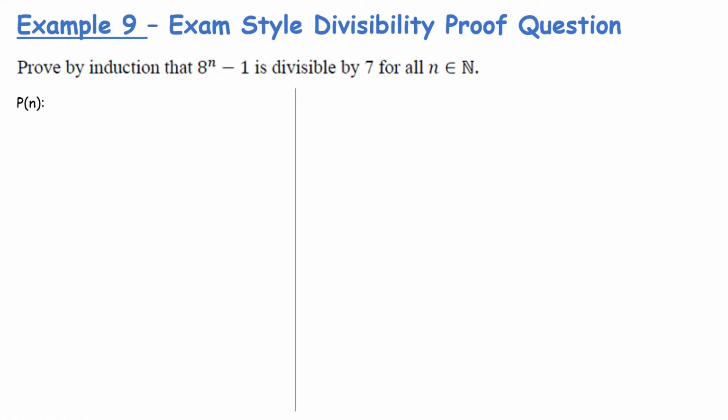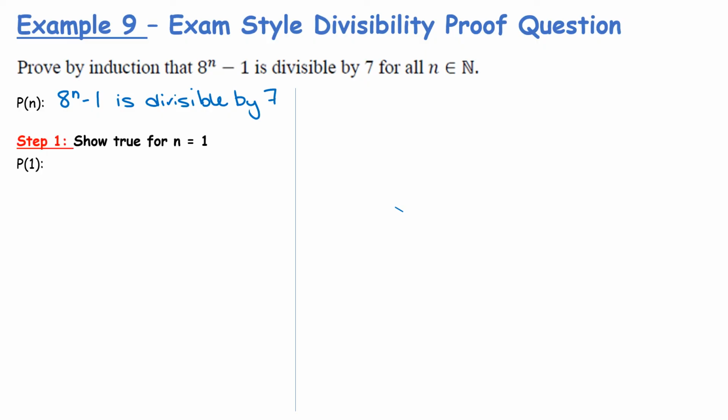So our proposition, we want to say that 8 to the power of n minus 1 is divisible by 7. So step 1 is to show true for n equals 1. So 8 to the power of 1 minus 1 is 7. And 7 is divisible by 7. And since it's divisible by 7, P1 is true.